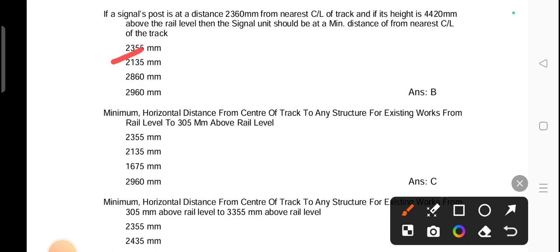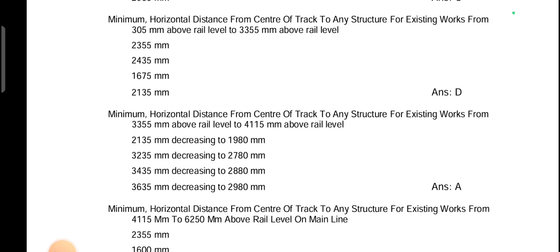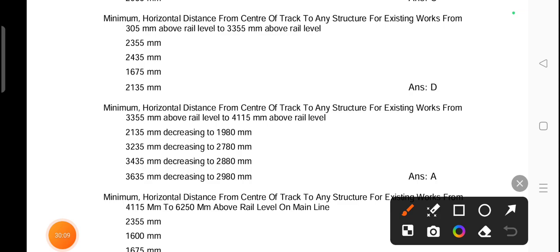Minimum horizontal distance from center of track to any structure for existing work from rail level to 305 mm above rail level: 1675 mm. From 305 mm above rail level to 3355 mm above rail level: 2135 mm.